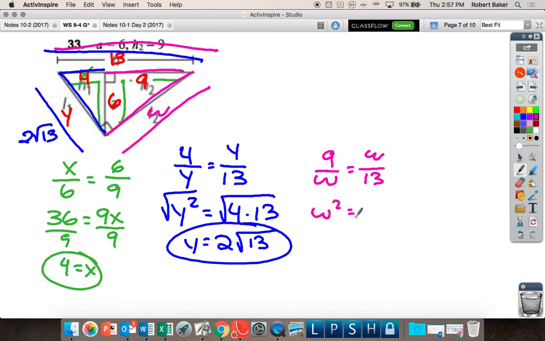Wait, hold on. Why do we use the whole hypotenuse if you're only using the little triangle? So, when you solve for the altitude, ready for this? I need to see your eyeballs. When you solve for the altitude, you do piece over piece equals piece over piece. That's when you only use the segments part.